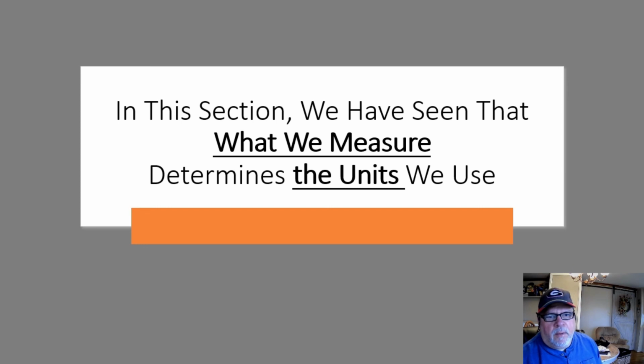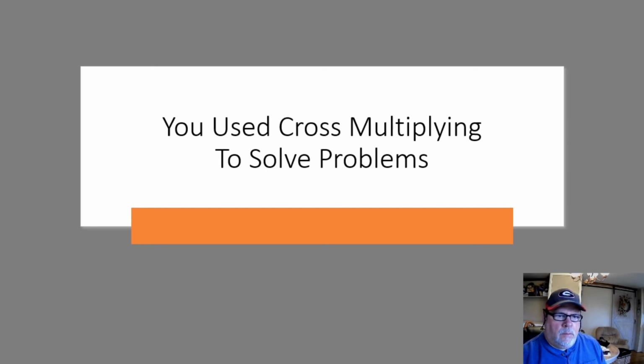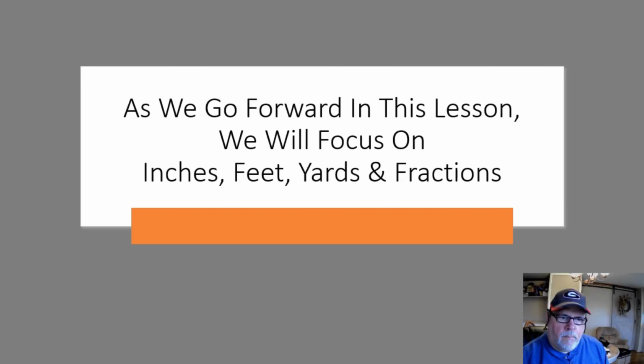In a quick summary of our first section, we saw that what we measure determines the units that we use. You use cross multiplying to solve problems, and you'll realize how useful this will be as we progress in the lesson. And as we go forward, we'll focus on different ways to measure with inches, feet, yards, and fractions.